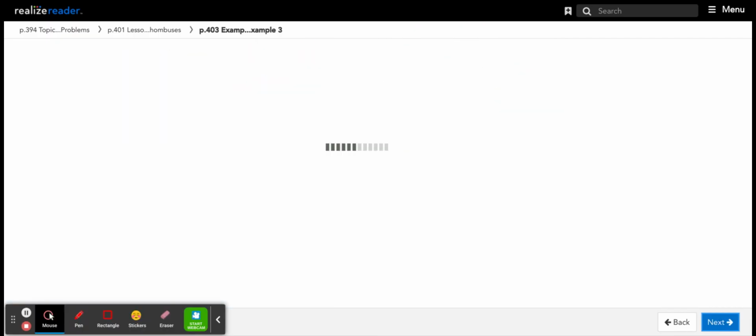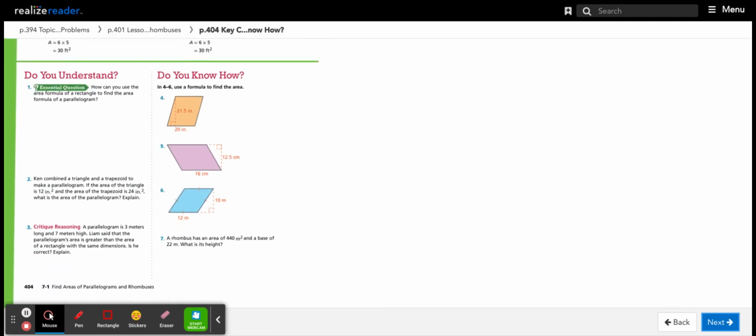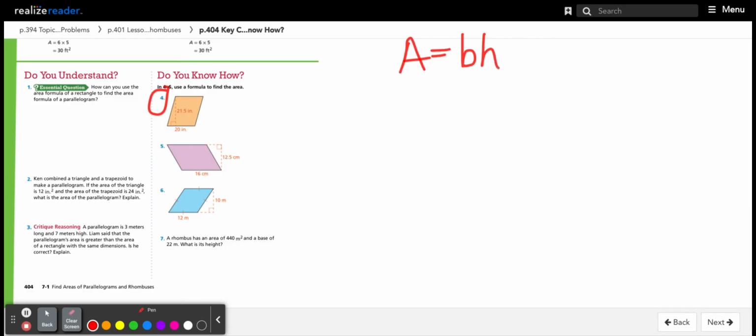Okay, let's try another example. Number 4. First step, write your formula. Area equals base times height. We have to find the area, so we're just going to plug in. Well, area equals, what's the base? The base is 21.5. What's the height? 20.